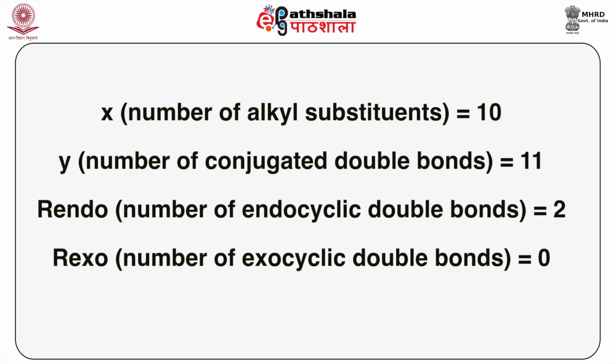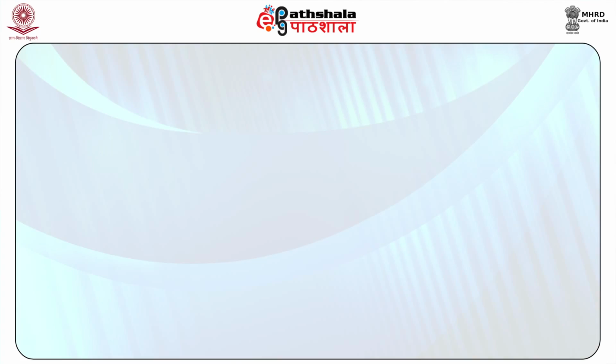Here X is the number of alkyl substituents and that happens to be 10, as you can calculate from the structure. Y is the number of conjugated double bonds, which happens to be 11. R endo is the number of endocyclic double bonds, which happens to be 2, and the number of exocyclic double bonds, that is R exo, is equal to 0.